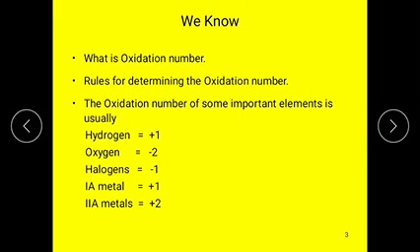Second group elements are beryllium, magnesium, calcium, strontium, barium, radium. These oxidation numbers are plus 2. For third group elements, boron, aluminium, gallium, indium, thallium, in these metals the oxidation number is taken as plus 3.